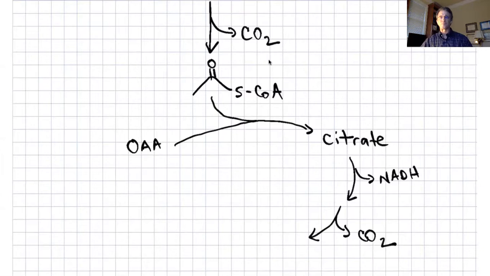But if you remember, there were 2 oxidation and decarboxylation steps in this process, right? We went through them when we drove this through the isocitrate dehydrogenase and then the alpha ketoglutarate dehydrogenase reactions.